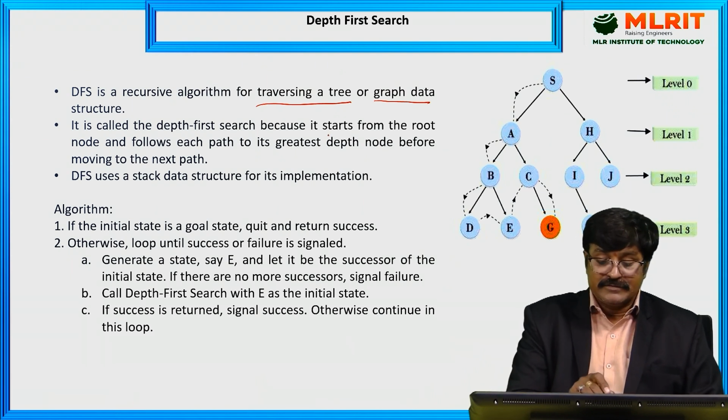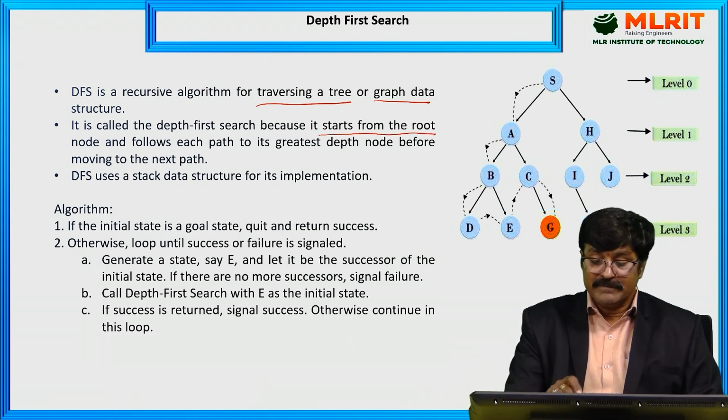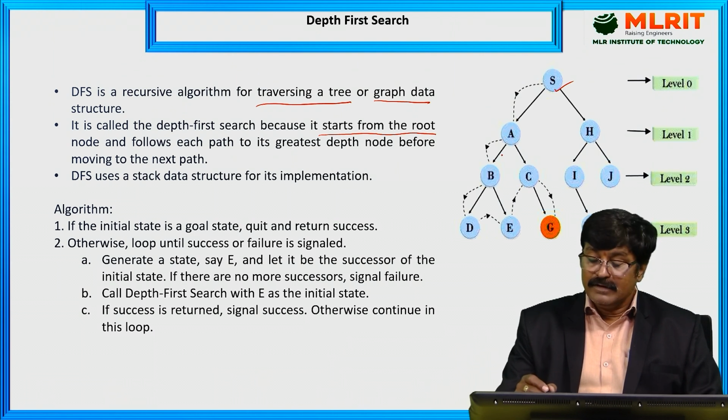It starts from the root node. Suppose this is the first node A, then it generates and evaluates the child nodes, going to node B, then C, then D, then E, and then coming back to the parent node.